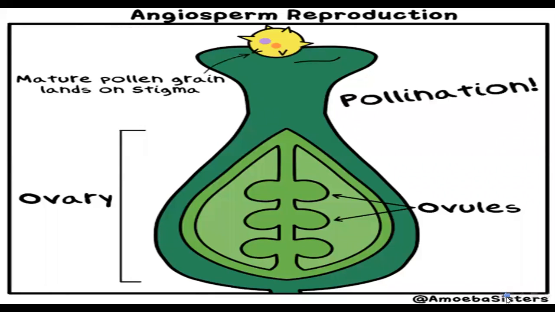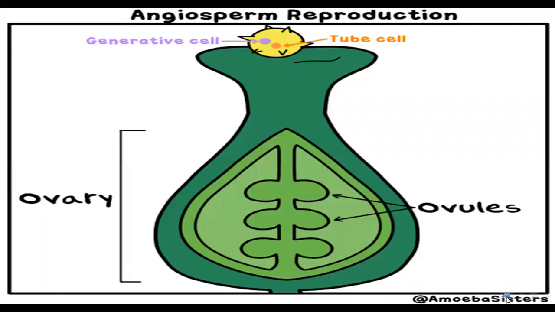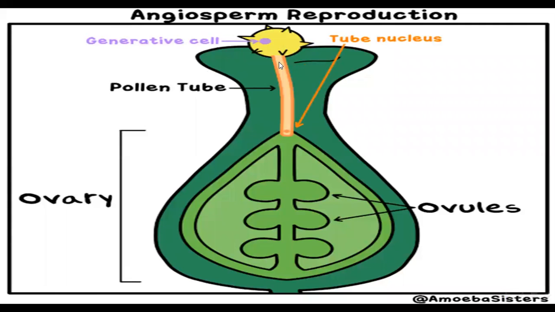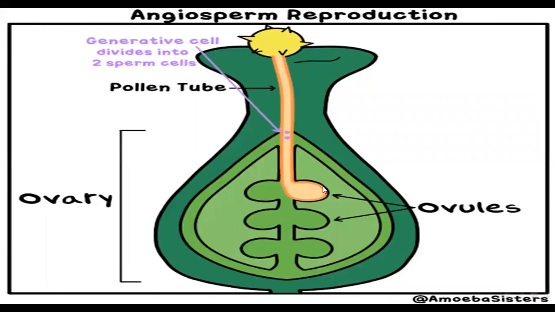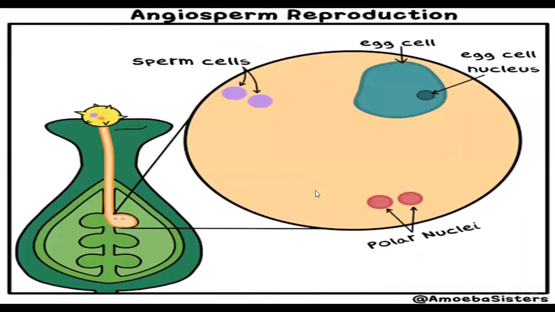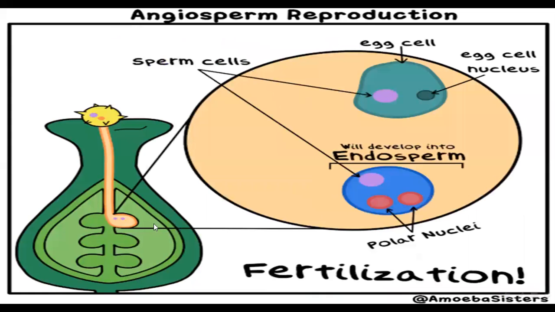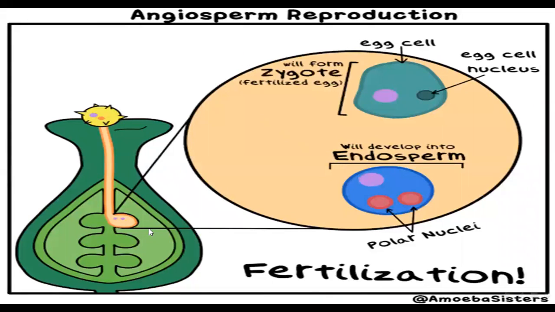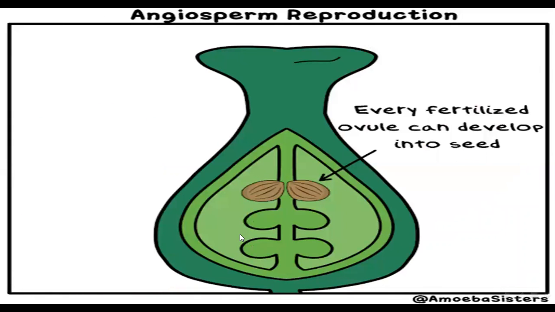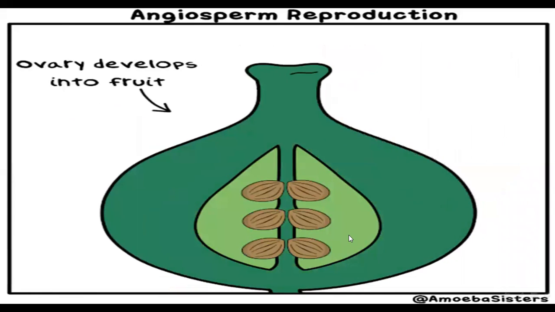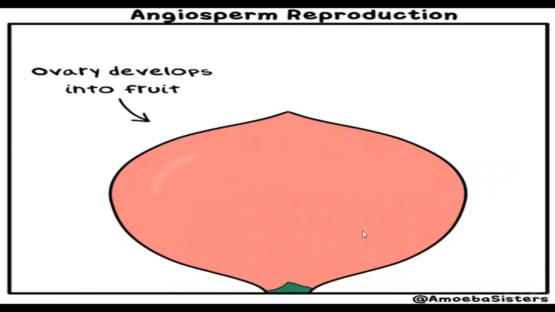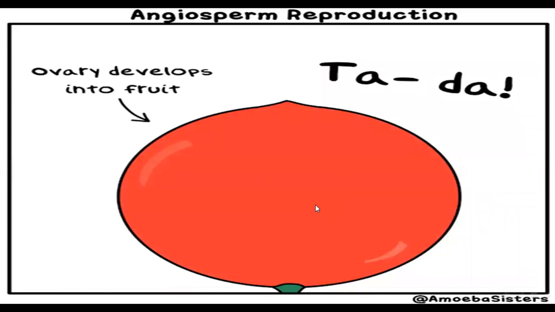That one also shows you the process of fertilization. The pollen tube starts to grow and continues to grow downwards. It reaches the ovary and the pollen grain joins the ovule, and then every fertilized ovule can develop into seeds. After that the ovary begins to change into fruit.